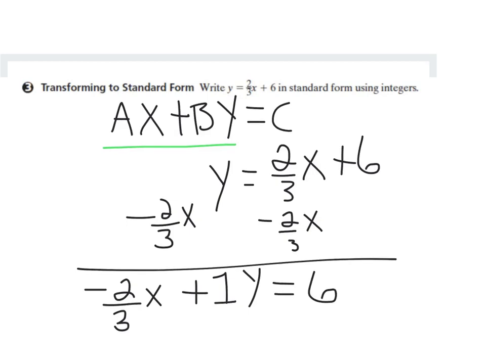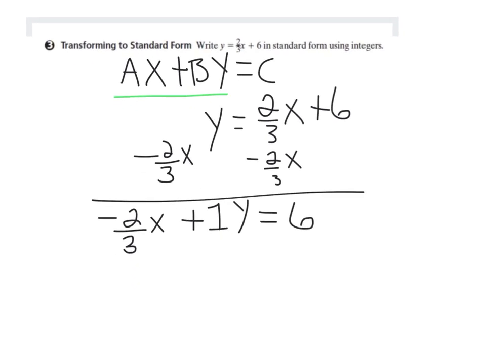So right now, we kind of are in standard form in that we have our x and our y on the left side, and that equals a number on the right. But standard form requires one extra thing, and that is that a, b, and c are all whole numbers or integers, okay? So we want to get rid of any fractions.